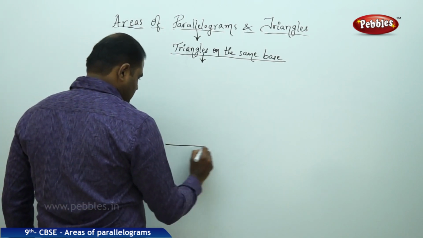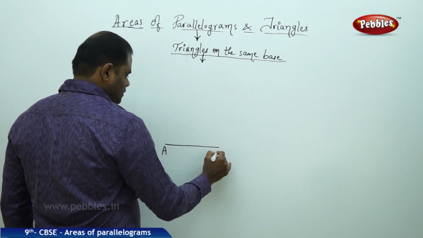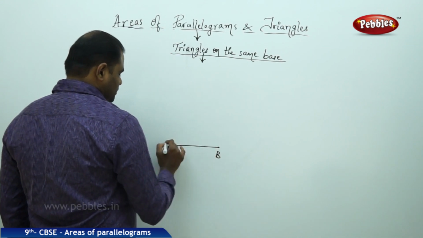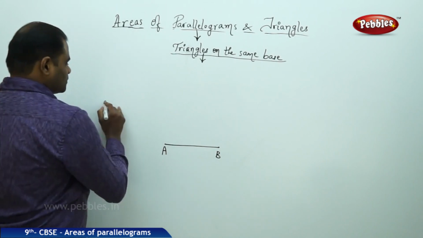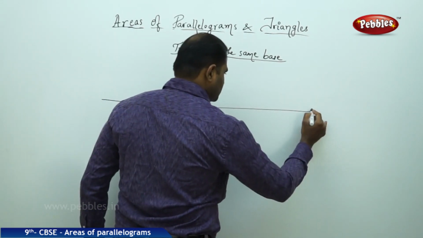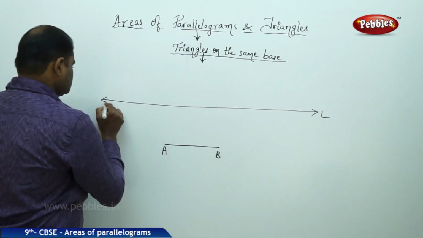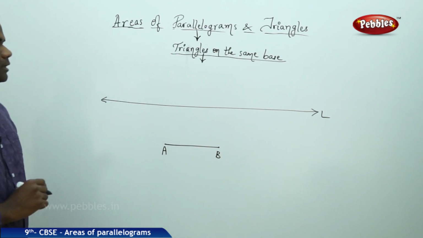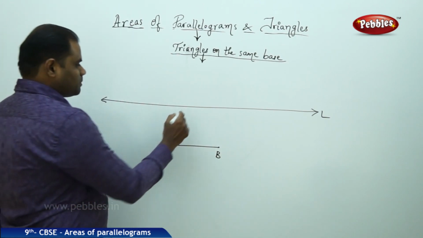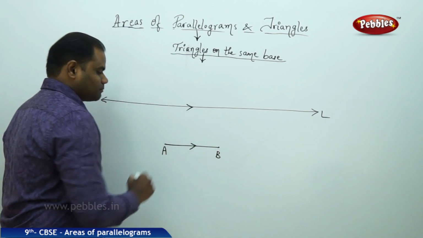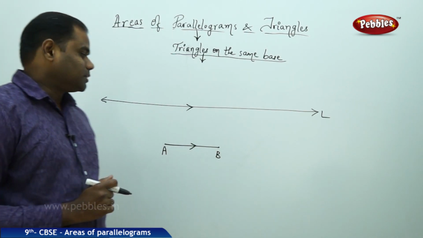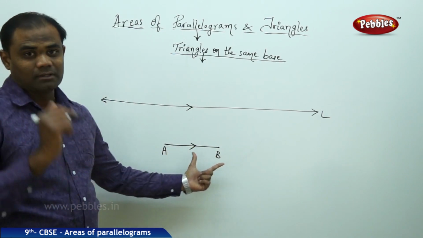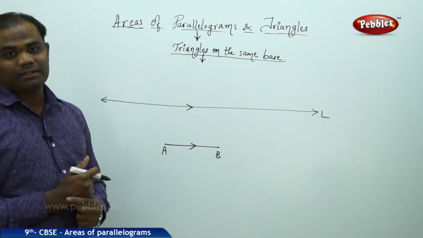Imagine I take the same base, which is AB, just like in the previous case of a parallelogram. So with the same base AB and between the parallel line L, let's say this line is parallel to the same base AB.